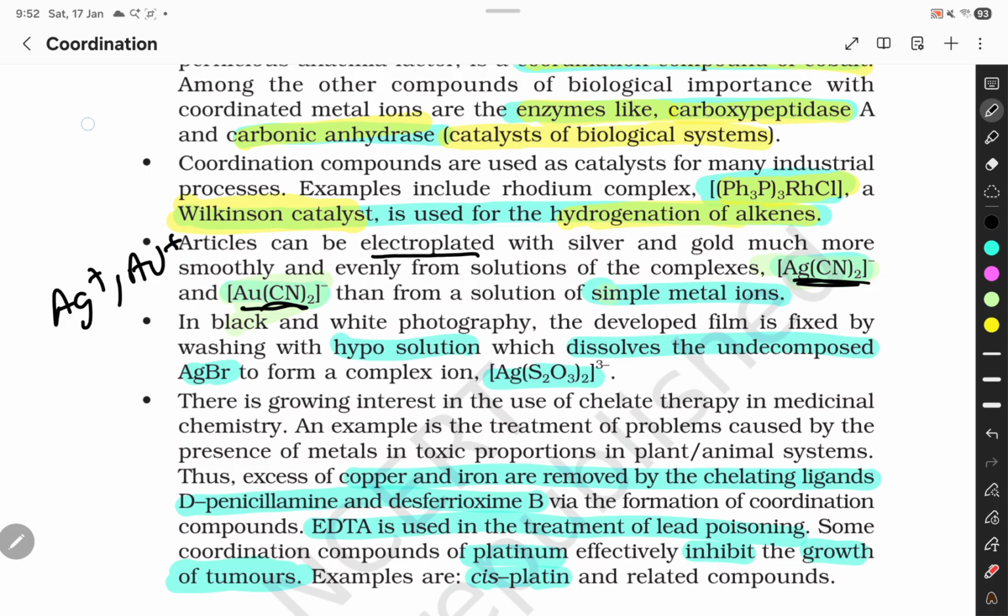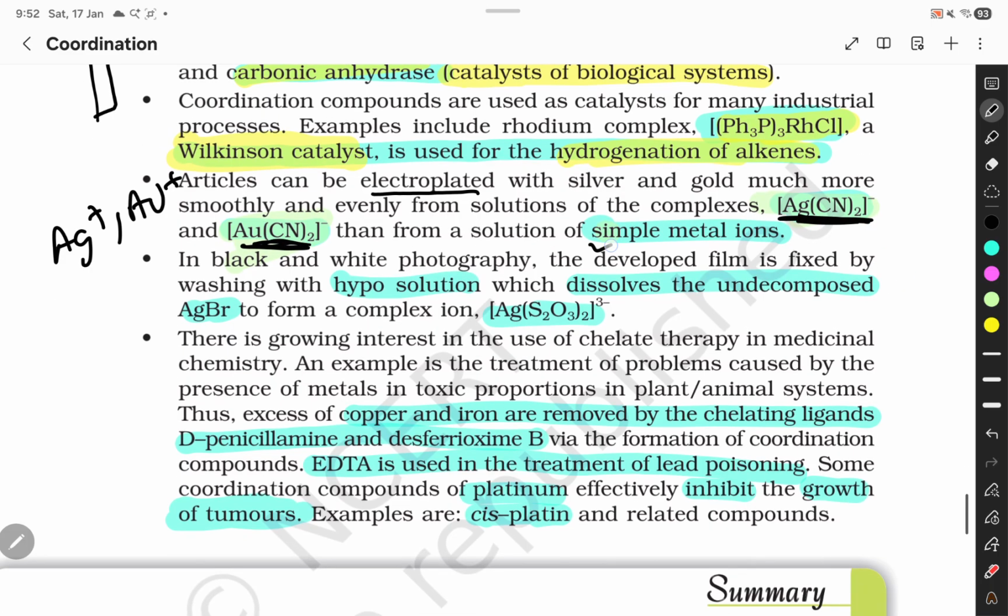If they're moving really fast, when you want to electroplate something on the cathode, Au will get deposited, Ag will get deposited, but if the ions are moving too fast, they won't have an even deposition on the layers. These coordination compounds' ions move really slowly. That's why the electroplating is smooth and even.